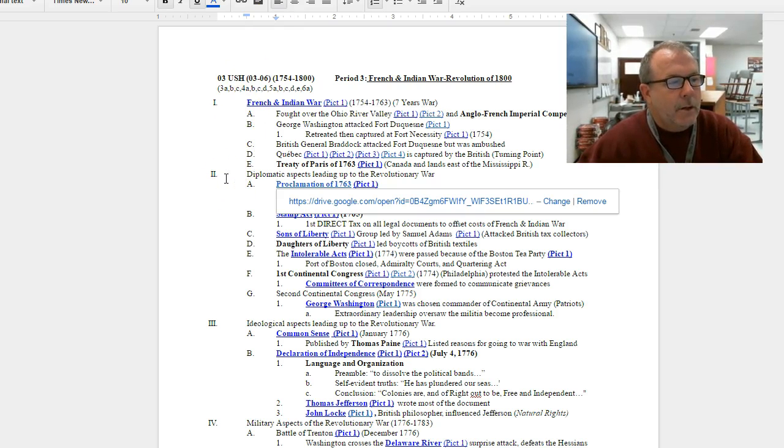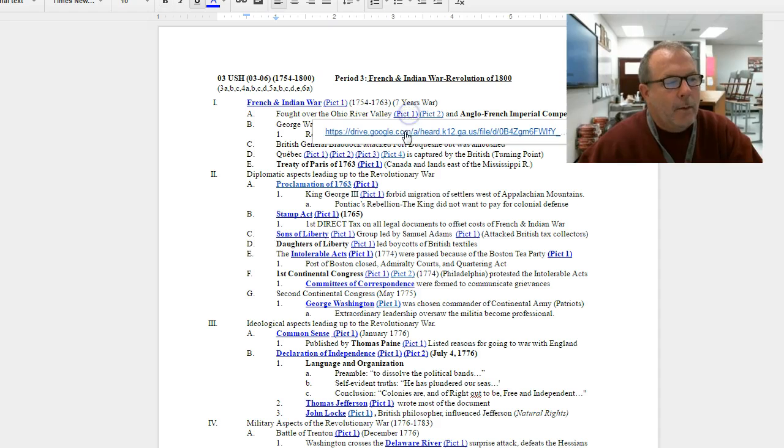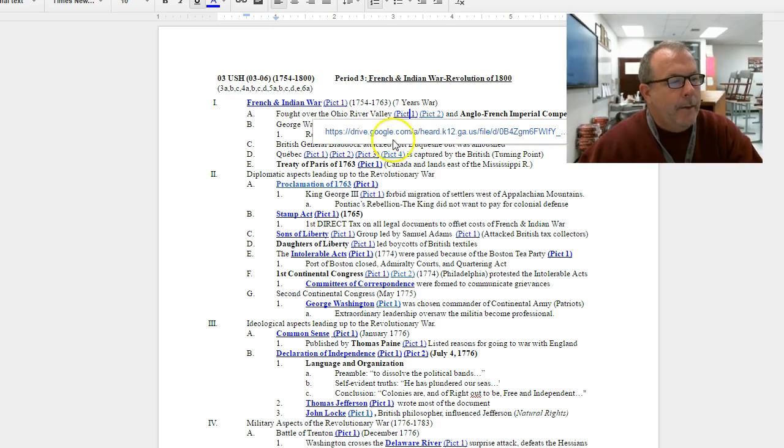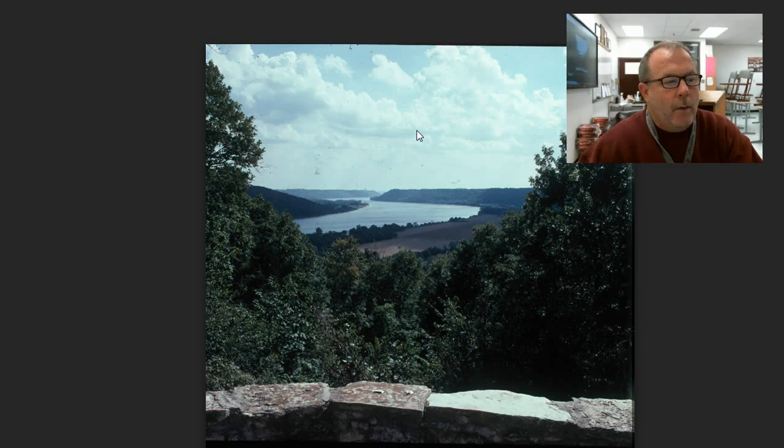The war was fought over the Ohio River Valley as one of the other causes of the French and Indian War, and that's the area that's shown on the map here. And here's a color photograph of what part of the Ohio River Valley looks like.